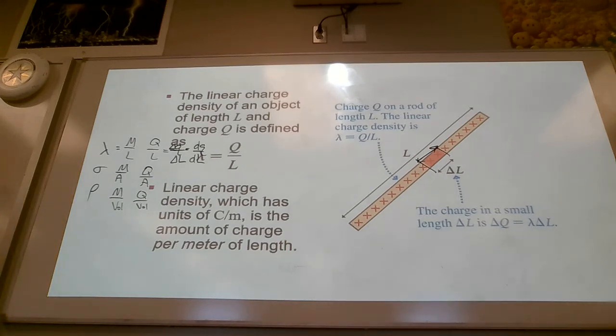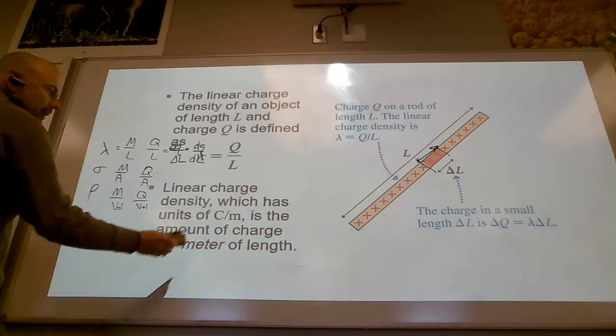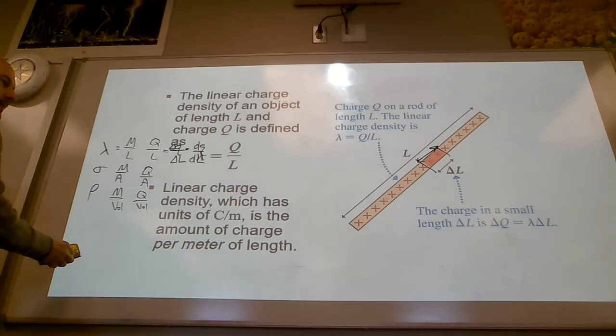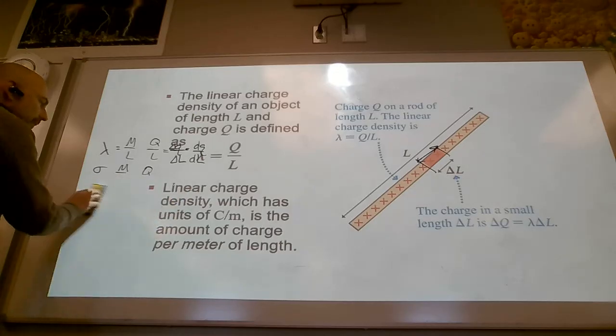Same trick, which opens a whole slew of different things we can do. You've been exposed, and now we're deep diving. This is going to be our point of conversation for the next week or so. Yay. So it's in units of coulombs per meter.